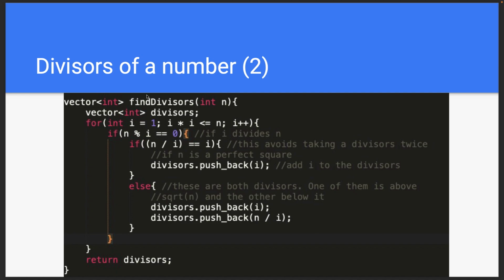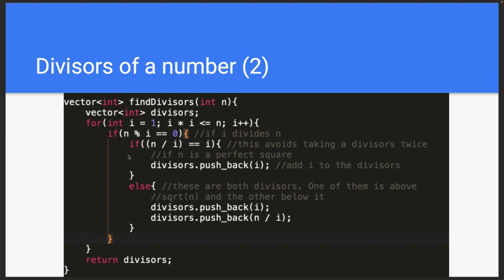This is the actual code to implement this idea. It is in C++. The main idea that I want to explain about calculating divisors is that whenever you divide a number by its divisor, one of the two dividends will always be less. Let's assume for now that we are not taking a perfect square.